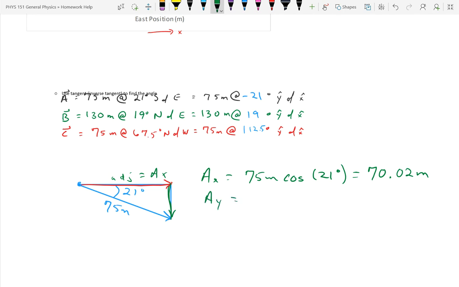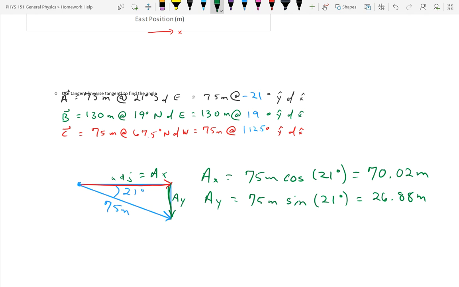AY, is that adjacent or opposite? Opposite, because it's not making either part of the angle. Opposite over hypotenuse is sine, hence opposite is equal to hypotenuse times sine. So 75 meters times sine of 21 degrees equals 26.88.